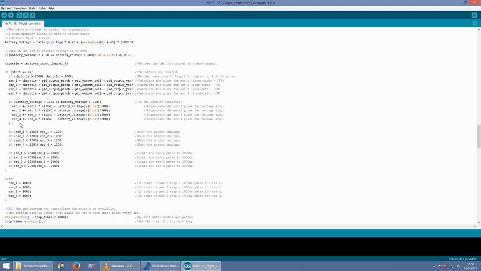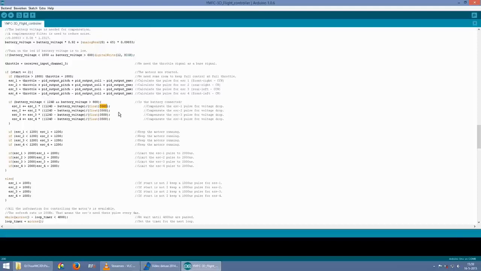And the PID corrections stay the same, so the multicopter stays locked in during the complete flight. So if your multicopter is dropping during flight, lower the 3500. And if it rises during flight, increase the 3500.